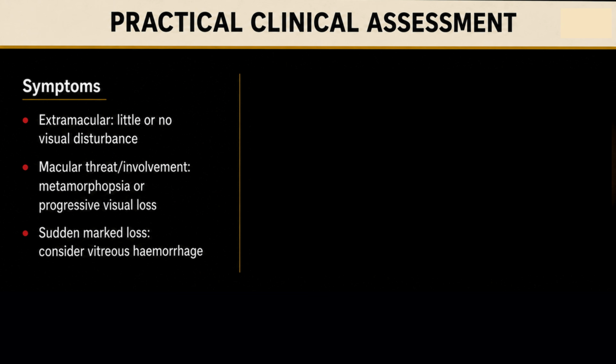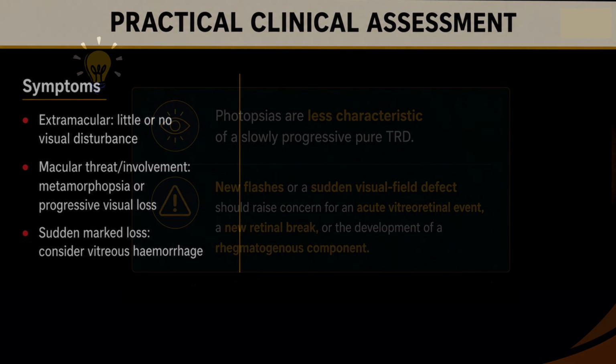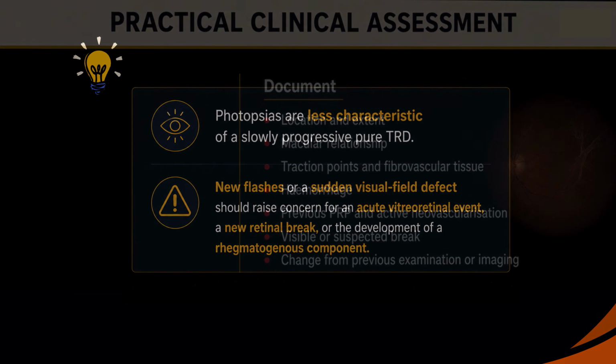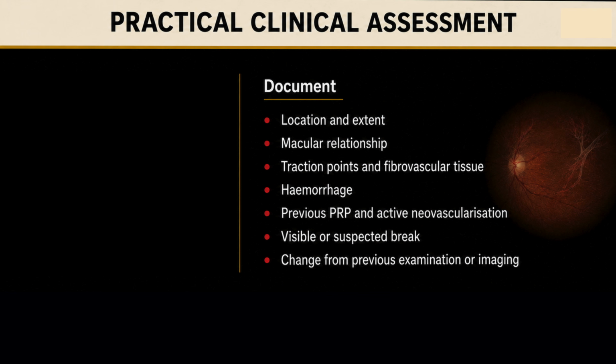A sudden marked drop in vision may instead be due to vitreous hemorrhage. Photopsias are less characteristic of a slowly progressive pure TRD. New flashes or a sudden field defect should raise concern for an acute vitreoretinal event, an added rhegmatogenous component, or a break. Next is fundus examination.